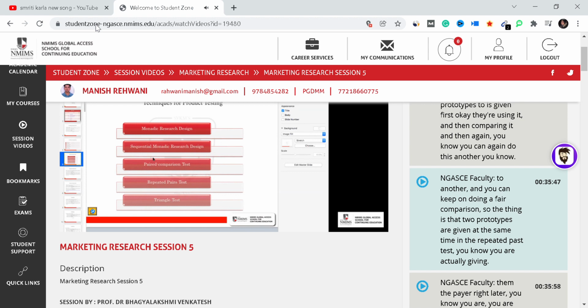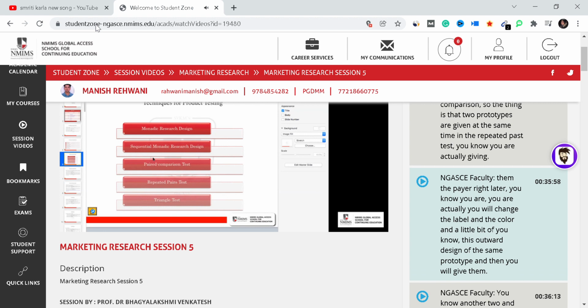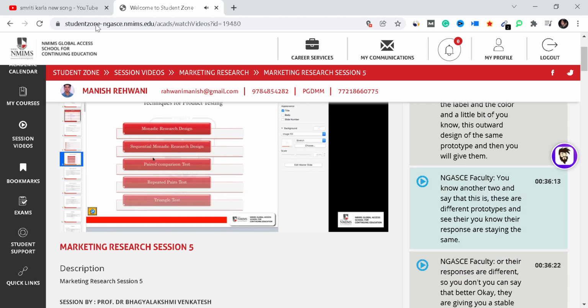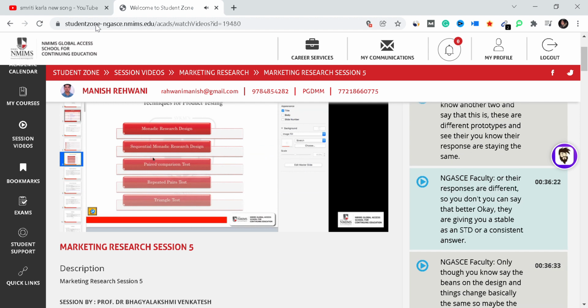In the repeated pairs test, you give them the pair, right? Later, you change the label and the color and a little bit of the outward design of the same prototype. Then you give them another 2 and say that these are different prototypes, and see whether their responses stay the same or are different.